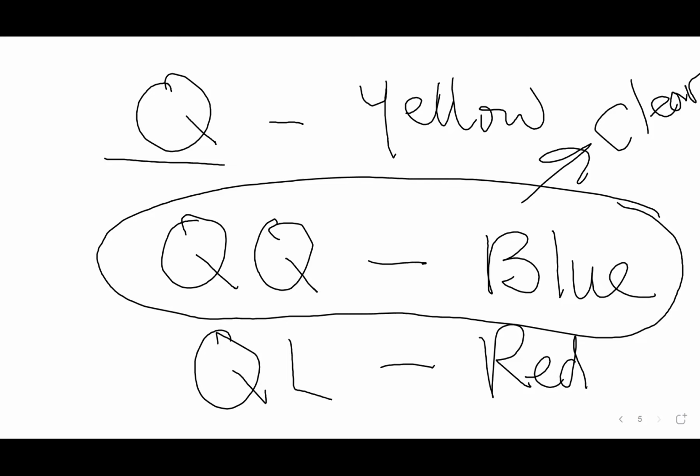The red flag means it is carrying an infected individual that needs to be quarantined, so that ship is not approached. So the question says name two types of flag on a ship: the blue flag, which is the QQ flag, and the red flag, which is the QL flag.